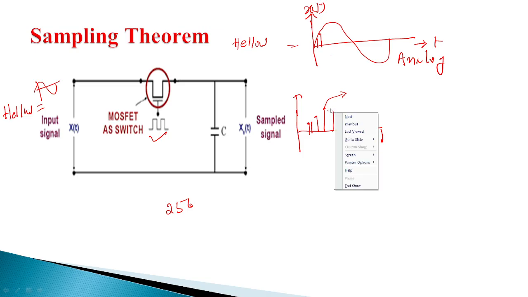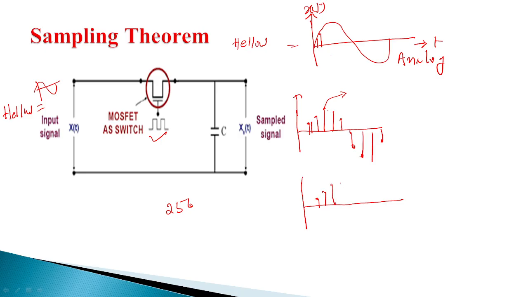Each and every sample has a predefined digital equivalent code. If you take any signal, either audio or video, after sampling it is converted into its digital equivalent by using samples.